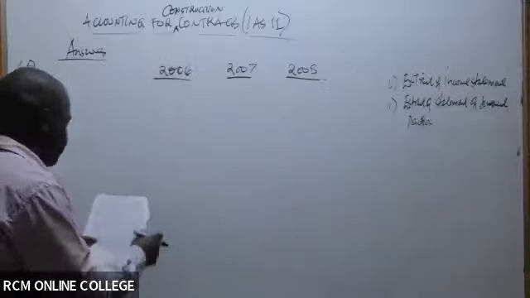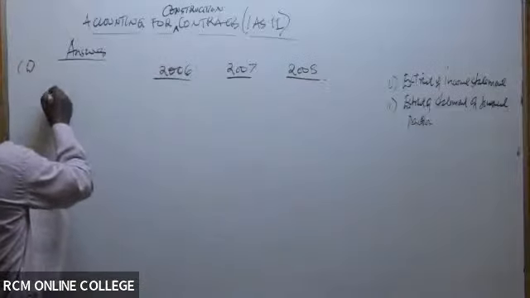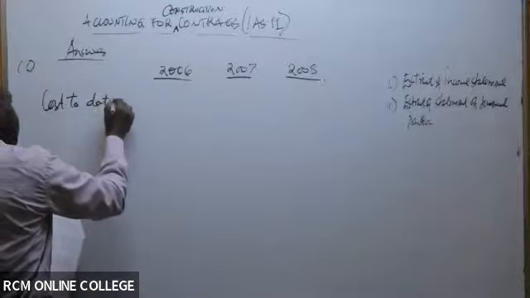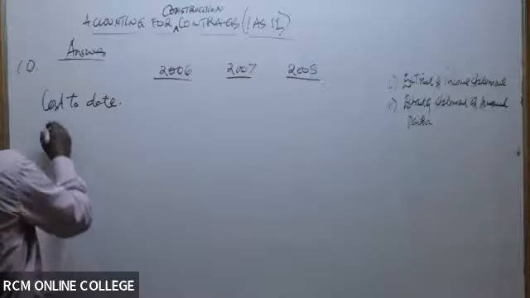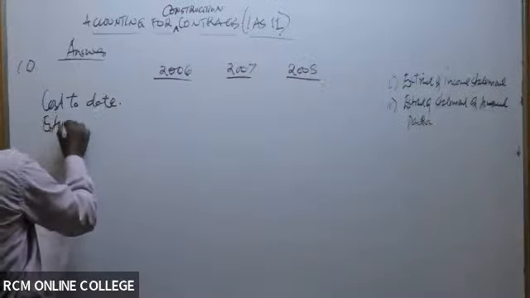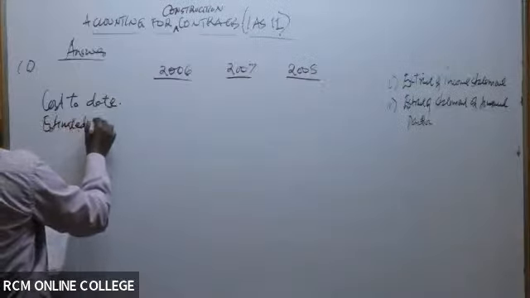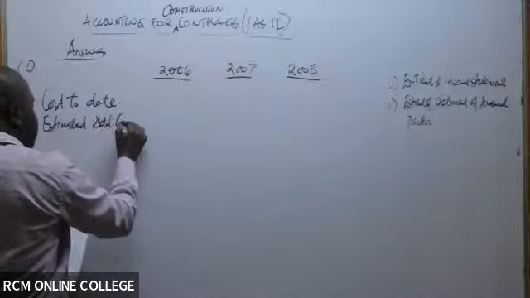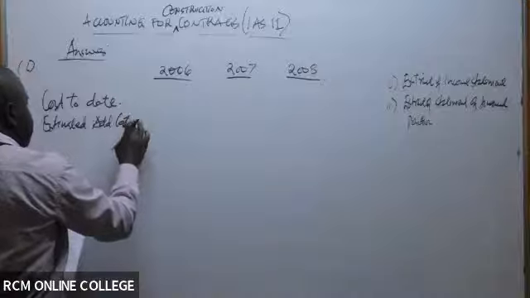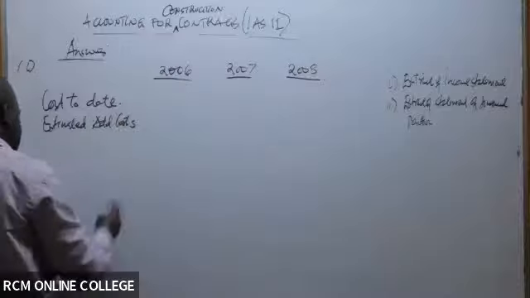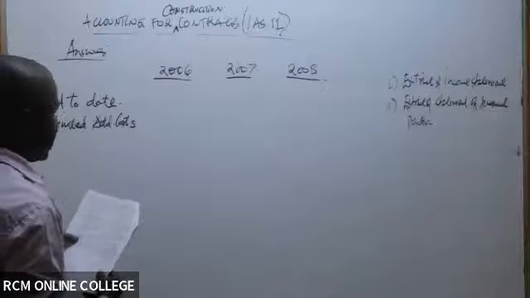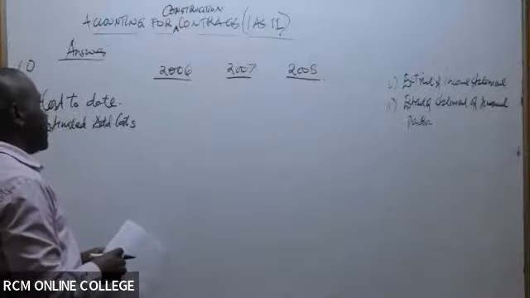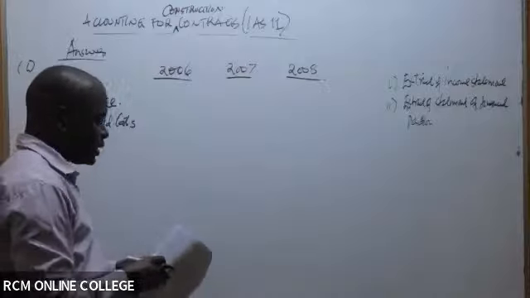So that's why nilikuwa nimewambia, unaanza na cost to date. Then you add the estimated additional costs or further costs. For example, you have to estimate how much further cost is still needed to complete the project.